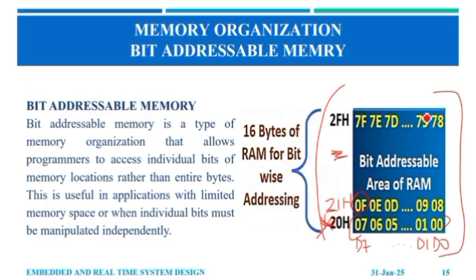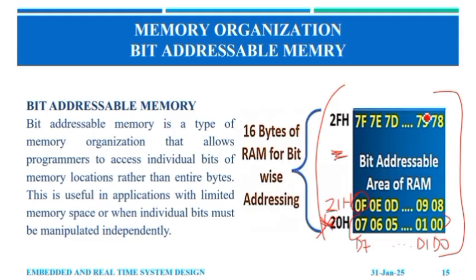Now the next one is the bit addressable memory. This bit addressable memory helps if you want to select individual bits in a particular byte. You know in a particular byte we have 8 bits. So if you want to select an individual bit in a particular byte, we can use the bit addressable memory.